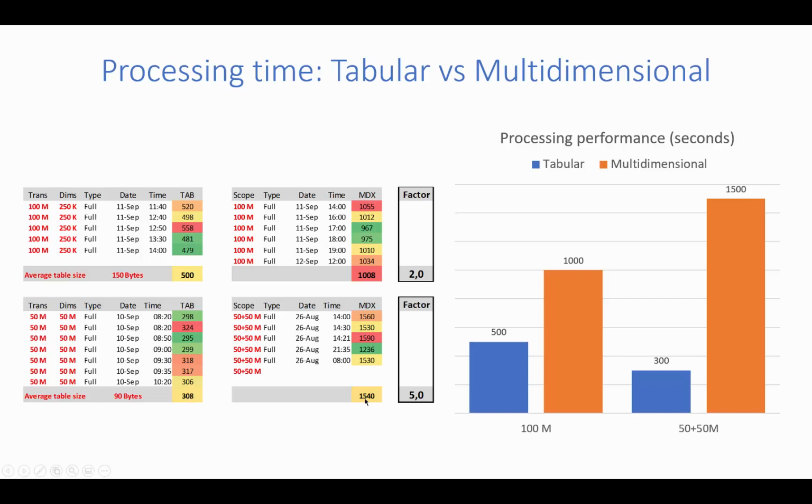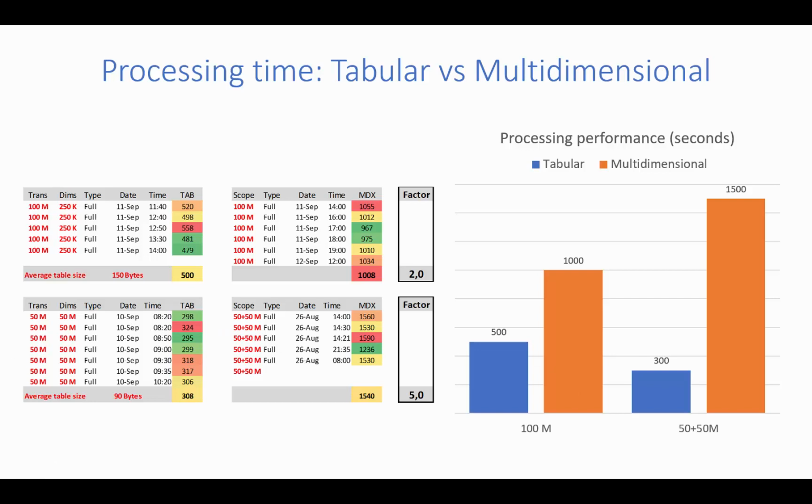Now, multidimensional really suffers on recognizing the distinct values in dimensions, and increases the time from 1000 seconds to 1500 seconds. So the difference in the processing right now is 5 times. In real life, it really depends on the structure. We have just shown one example of how the processing can change.